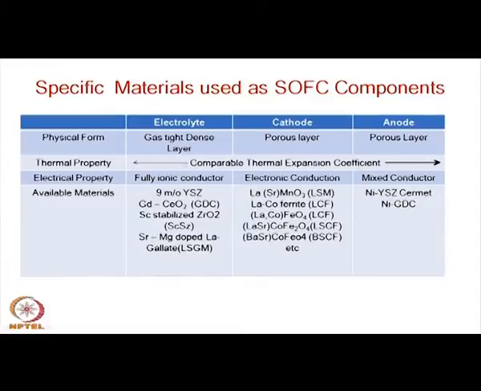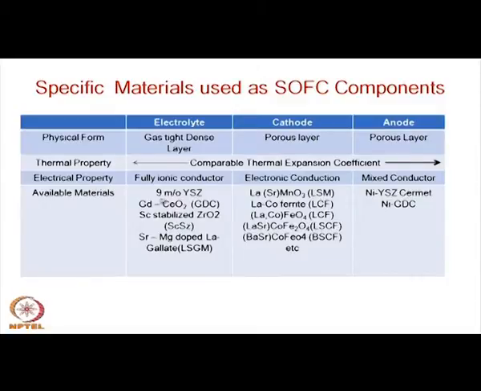And in addition, of course, you need a thermal expansion coefficient match with the electrolyte as well as the cathode. So far as the materials are concerned, these are the alternative materials available to us. Electrolyte, the most important electrolyte which has been used and is actually quite a stable material, is 9 mole percent yttria stabilized zirconia, YSZ it is called.